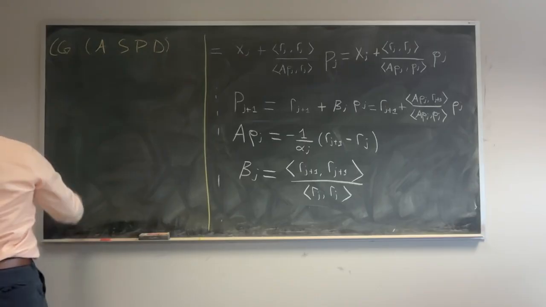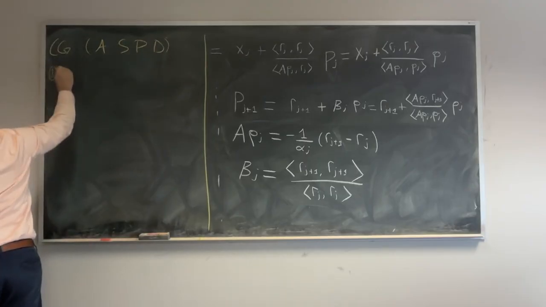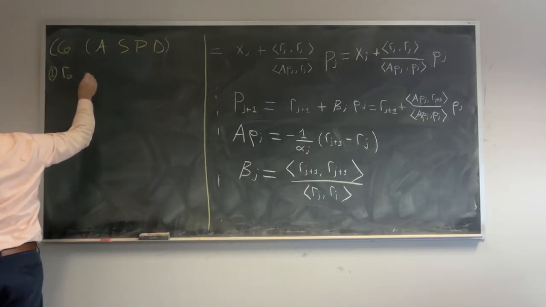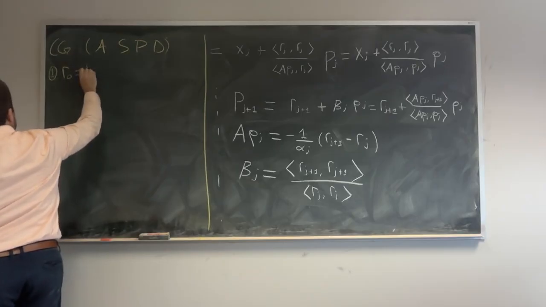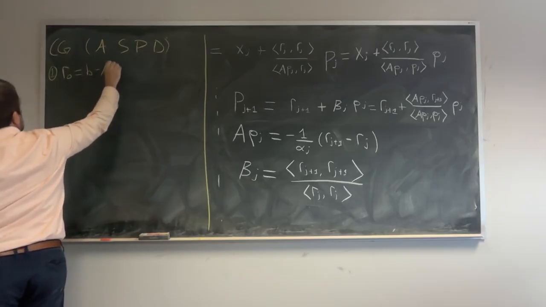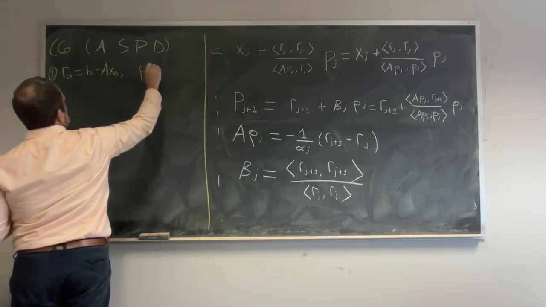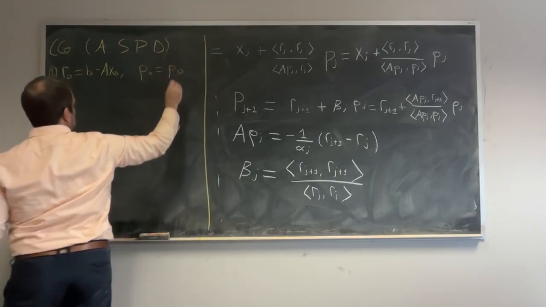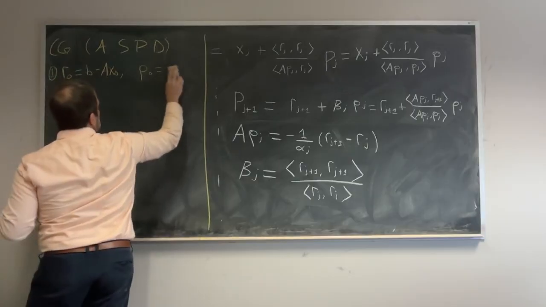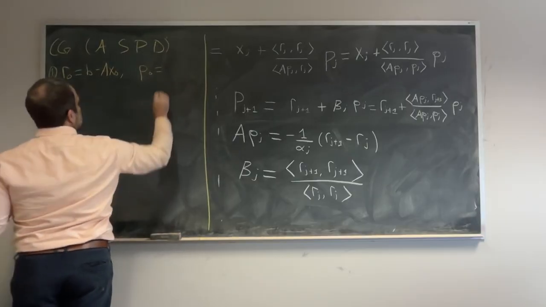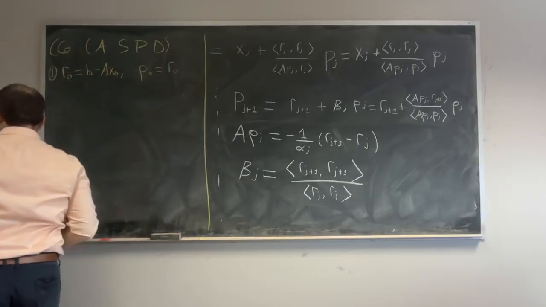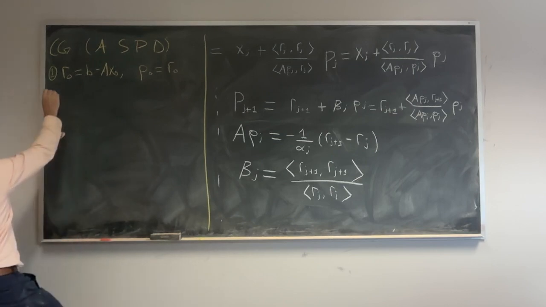All right, so step 1, we're going to initialize things. We're going to say R_0 is equal to b minus A x_0, and P_0 is equal to R_0. Okay, step 2.